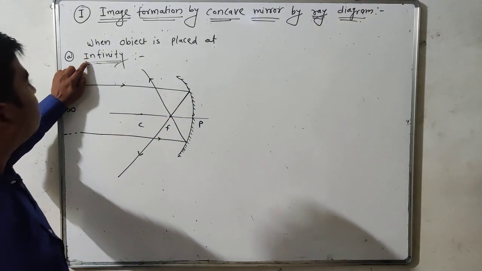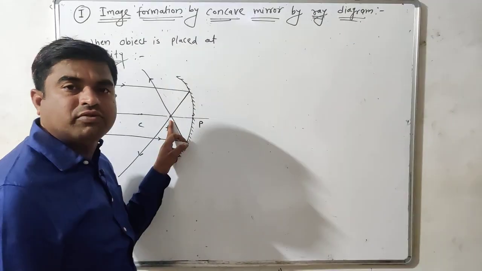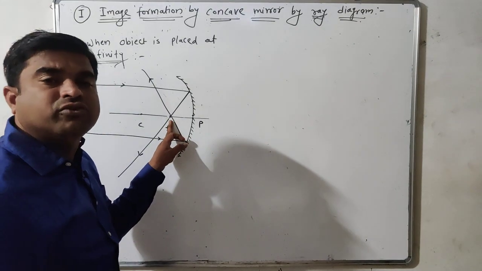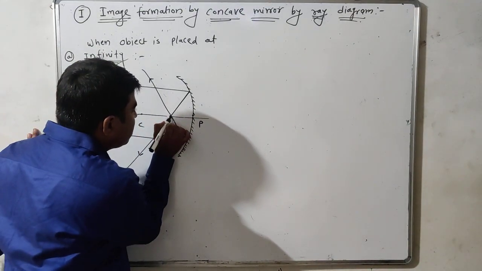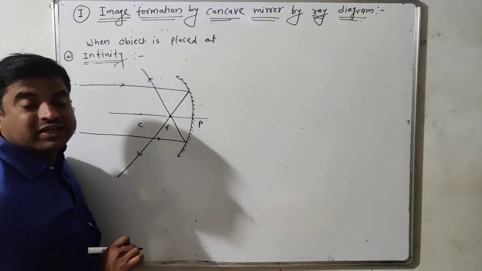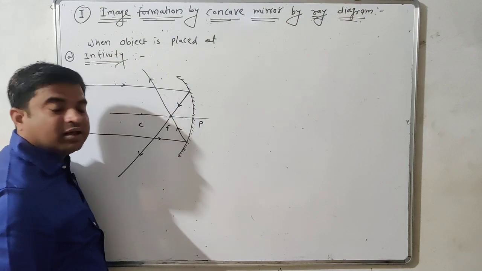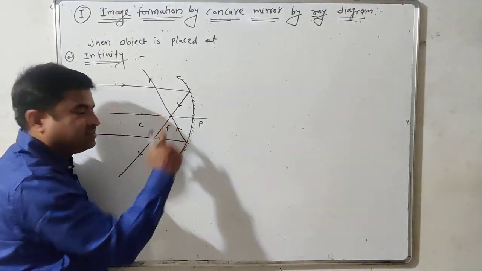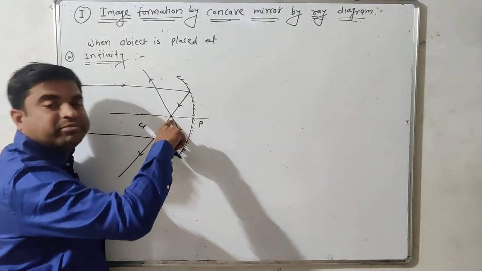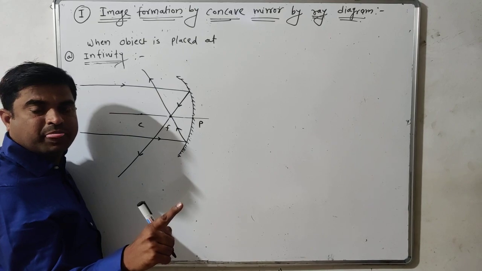Therefore, whenever an object is located at infinity, its image will be obtained at what? Focus. And as you can see here also, the image formed is due to these two reflected converging rays. Therefore, nature of image is what? Real. Okay.